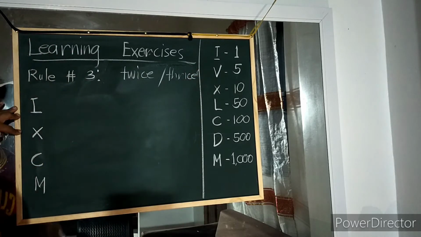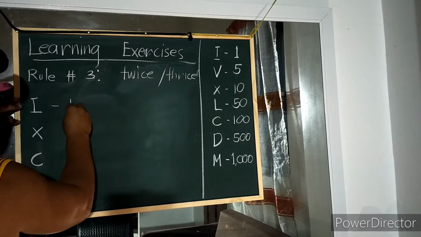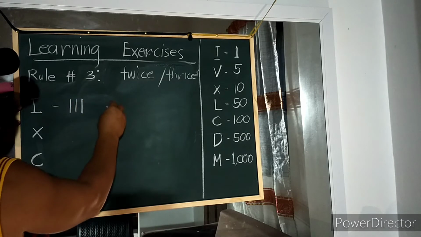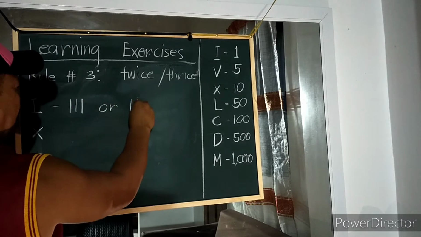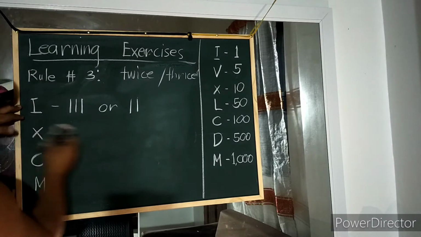Okay? So, I can be written as I, or double I. Same as X, C, and M.